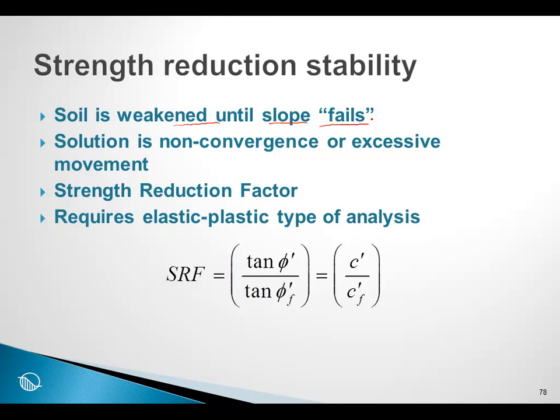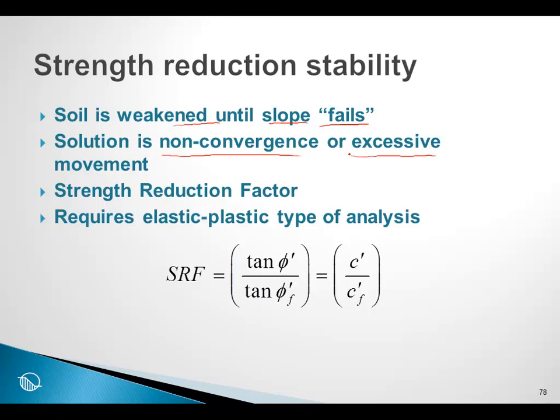And as we will see in a few moments, it's difficult to define what excessive means, and sometimes it's even difficult to know the exact point of non-convergence. Nonetheless, these are the principles that are used in this type of approach.